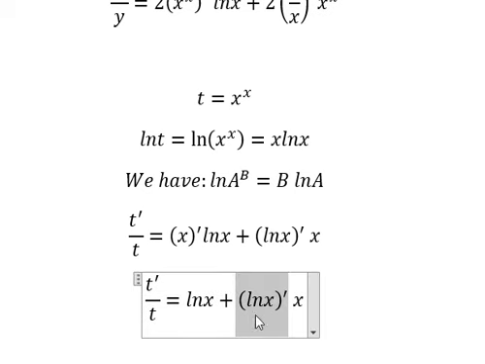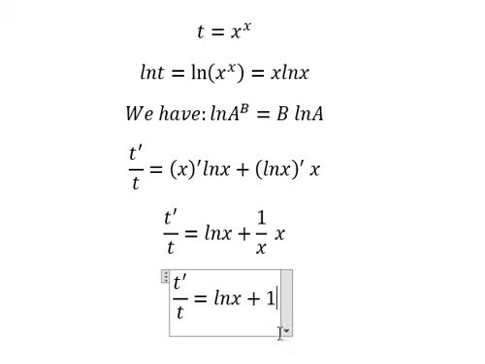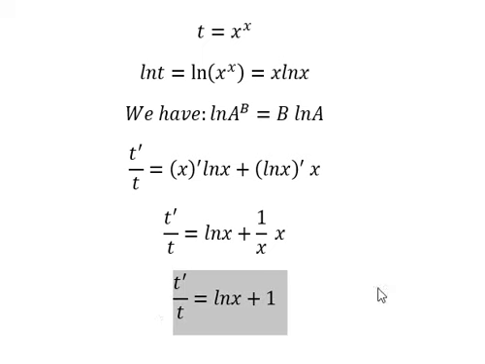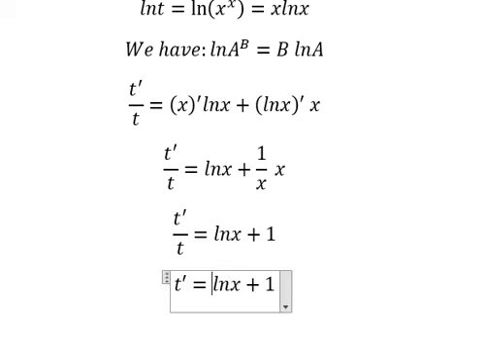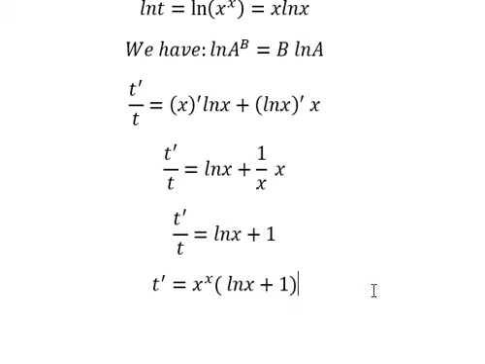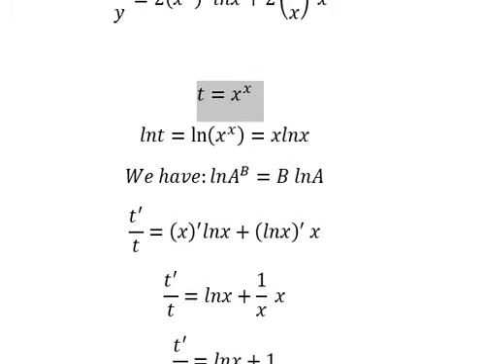This one we have 1 over x. So x divided by x, we have number 1. Now we multiply both sides by t. t is about x to the power of x, and this is about the first derivative of this one.